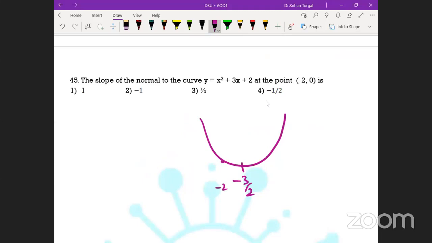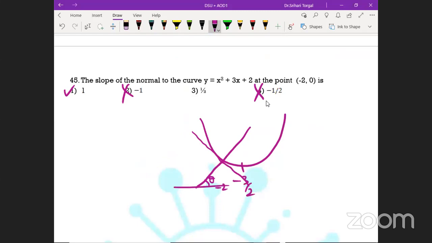If you draw a tangent like this, the normal will be like this, correct? So this has an acute angle here. The answer must be positive, right? I think 1 is the answer. You cannot select these two because normal slope is not negative.